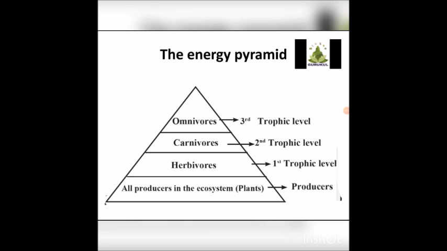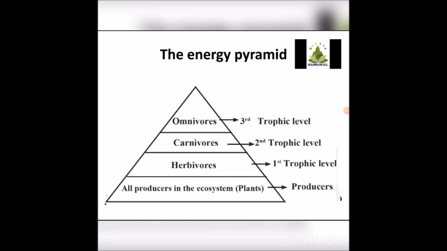Now see, this pyramid is also known as an energy pyramid, and in this energy pyramid you can see that energy transfer takes place at each trophic level. There are different levels of energy exchange in the food chain.